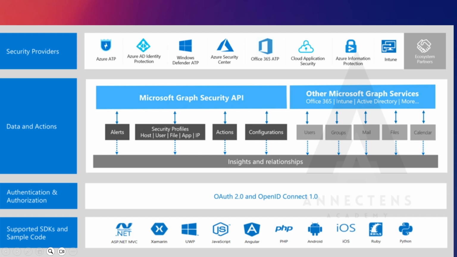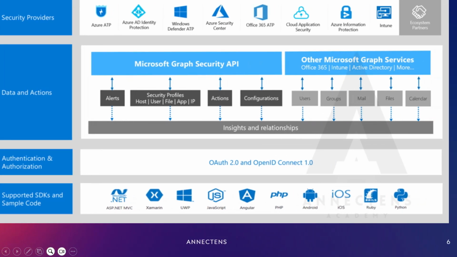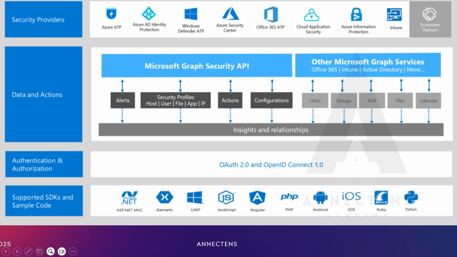If I want to extract information, for example look at some alerts, create some security profiles, act on certain actions, or create some configuration, I can do that from an Intune perspective. If I want to access users, groups, mail, files, calendar, all these Microsoft Graph services are available for us to interact with. How is this information being populated? There are two mechanisms which run parallelly, hand in hand.